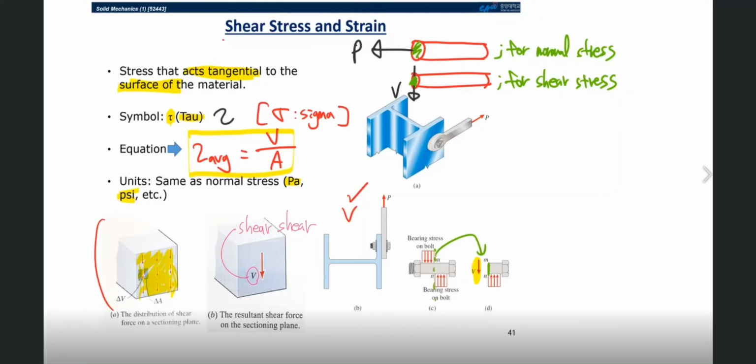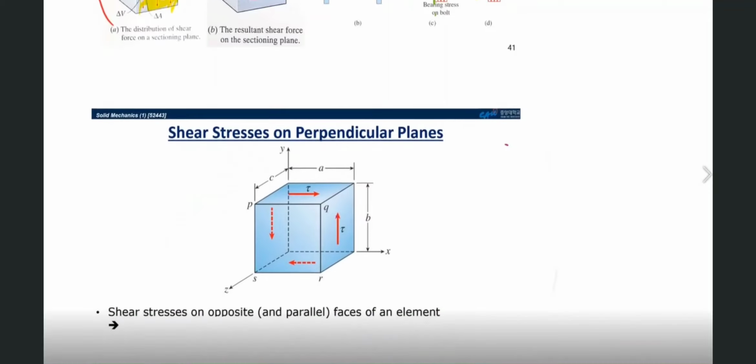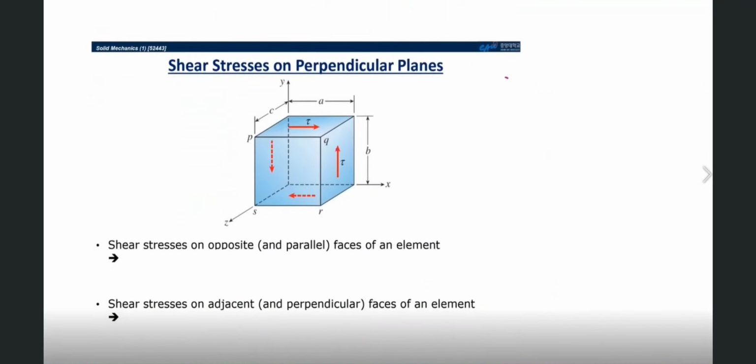So using this shear force, it is possible to determine the shear stress that acts throughout the cross-section area of the bolt. So we can define proper shear strength, and by using the properly determined shear strength, we can design a proper bolted structure, right?